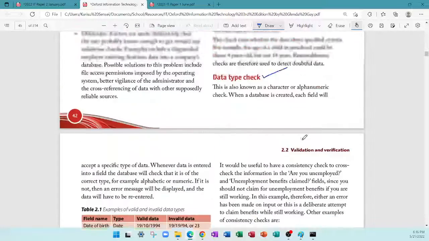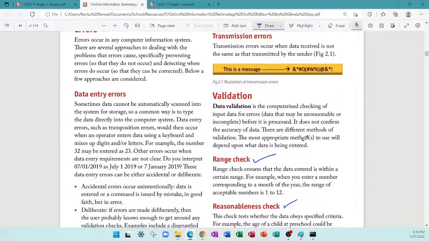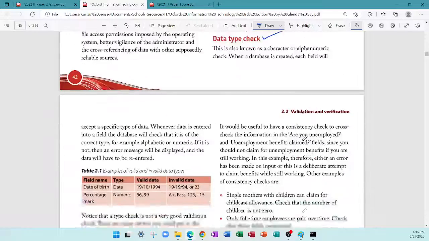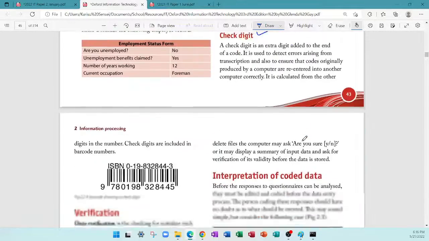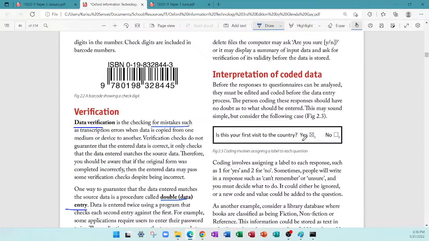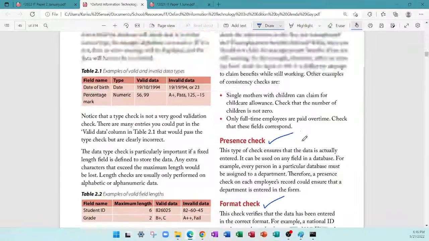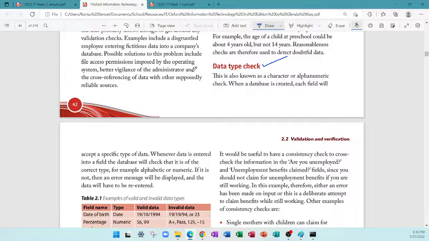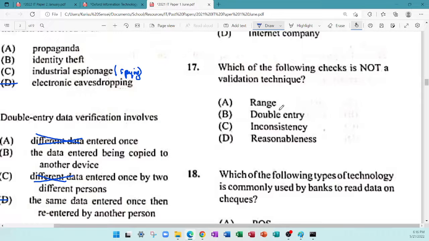So validation is just checking to see if it meets the criteria, but with verification, you're checking to see if it's actually correct, if it doesn't have any mistakes like typos and so on. So going back to the question, double entry, that's a verification check.